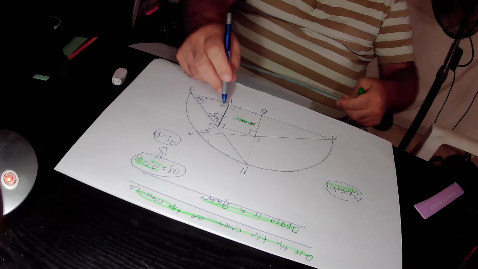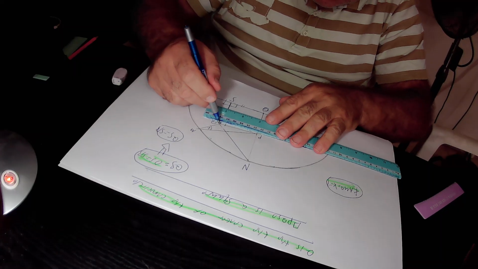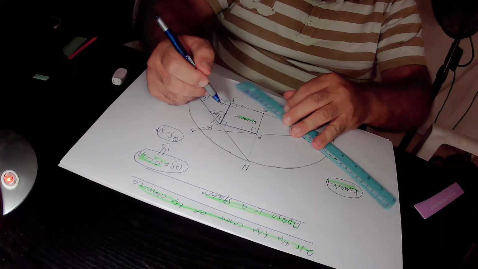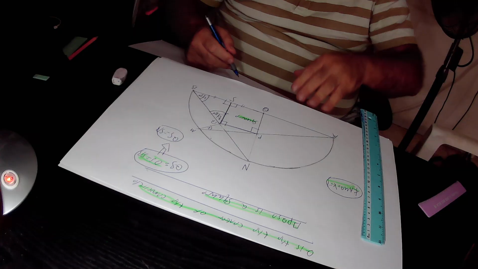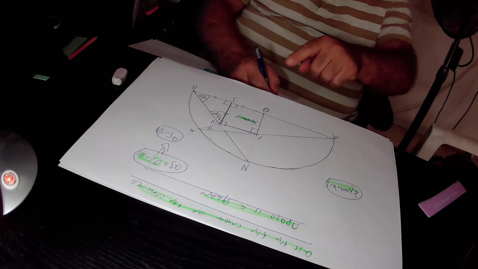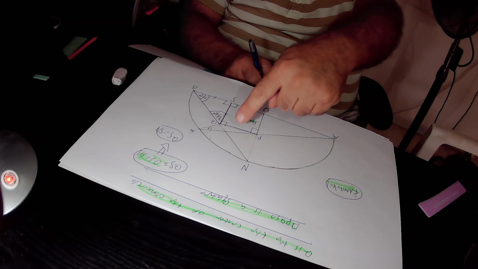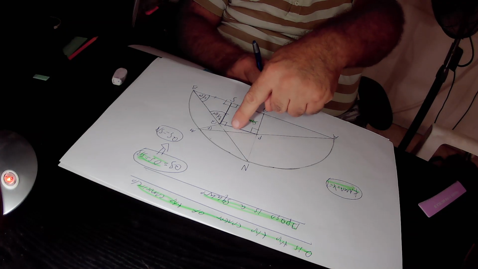We have 45 degrees plus 90 degrees, plus this missing third angle, that is the angle NQP.